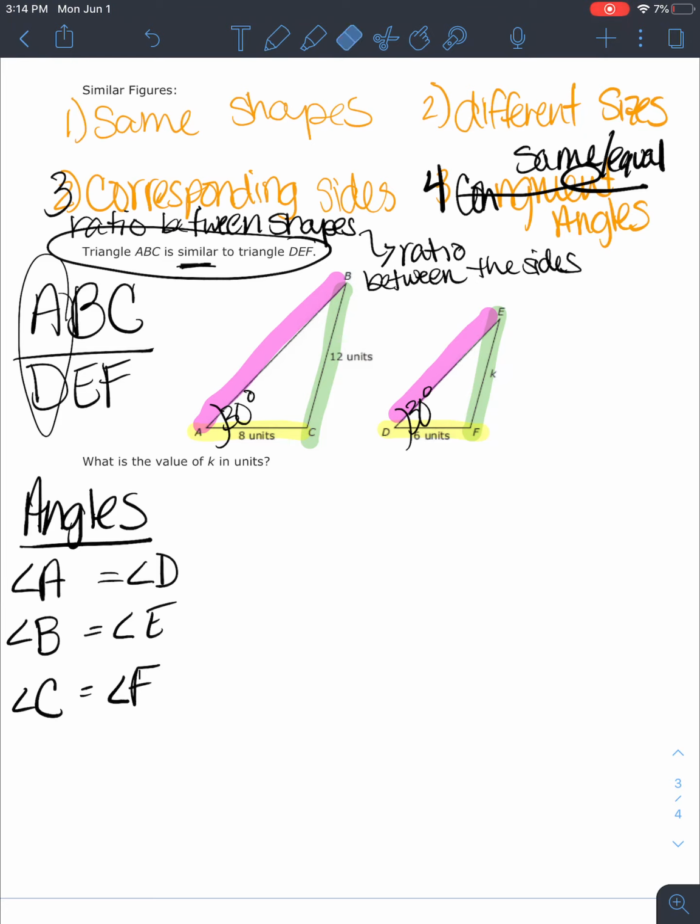That's nice because sometimes they'll have sides missing, and we have to be able to look at these and know that relationship to fill in those blanks. So that's an important one.